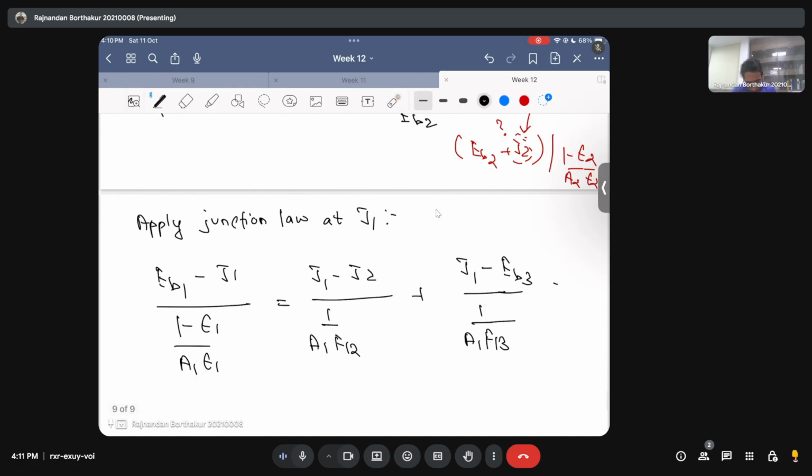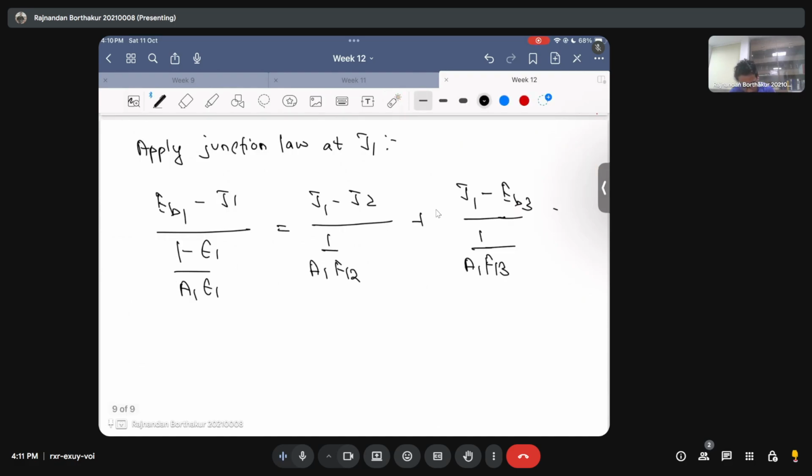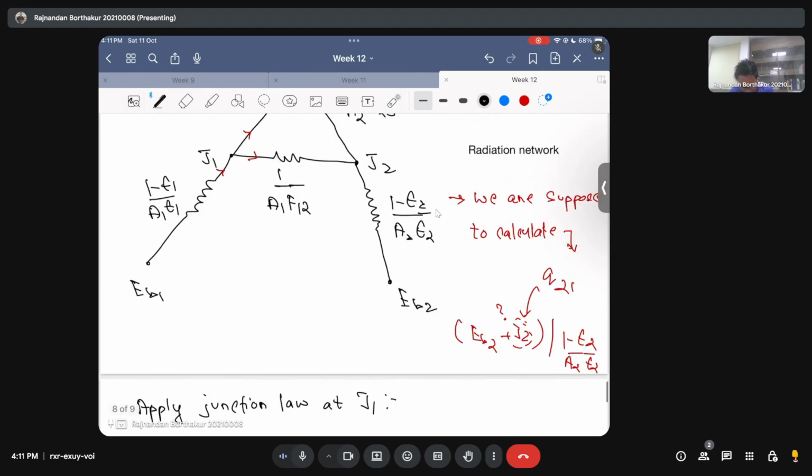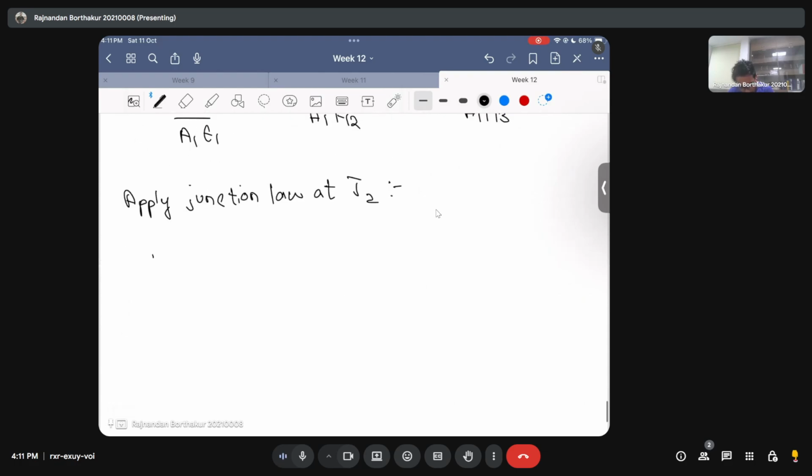Now similarly, if we apply the junction law at J2, this is going to be EB2 minus J2 divided by (1 minus epsilon 2) by (A2 epsilon 2).